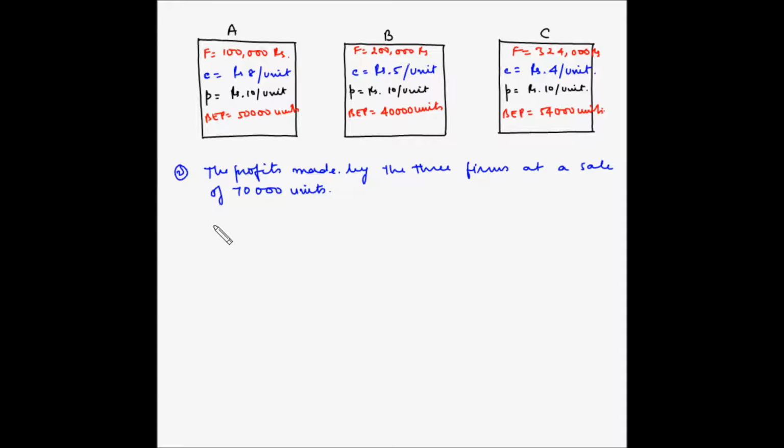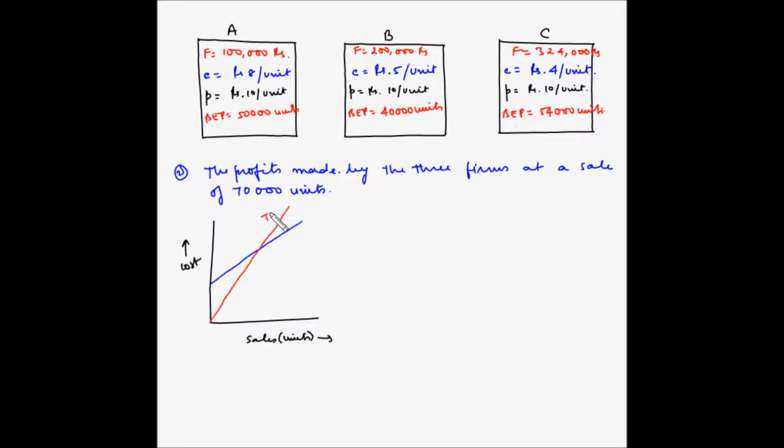So let us look at the graph of cost versus sales. So let's say the cost is on the y-axis and sales in terms of units is on the x-axis. So the cost line will be something like this, while the revenue line will be like this.